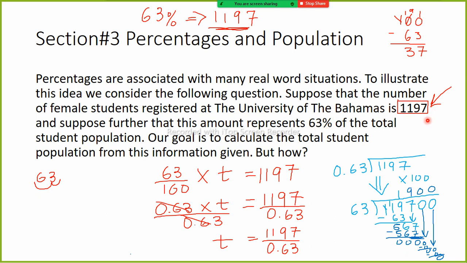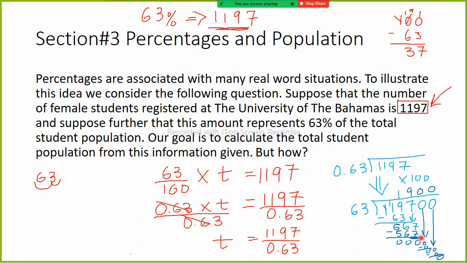You don't have to worry about doing all of this, because at the end of the day, all you have to do is divide 1,197 with the 2 zeros in the back by 63. Just like how we did this.